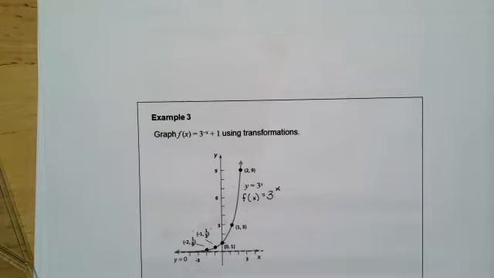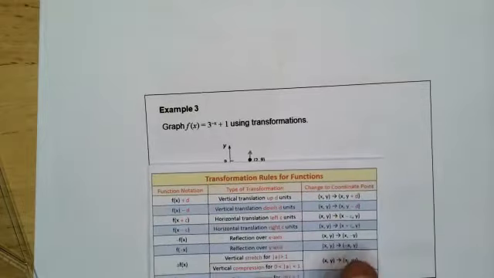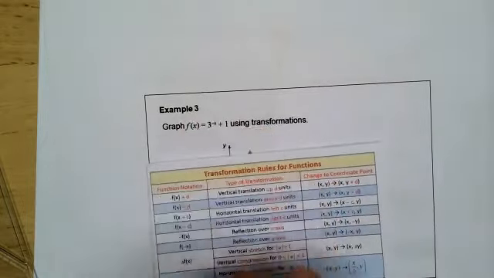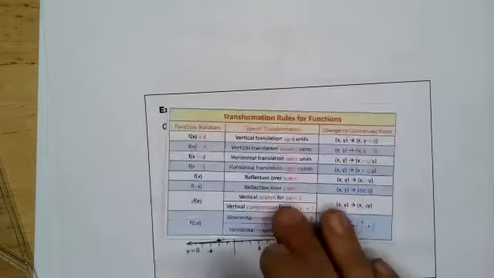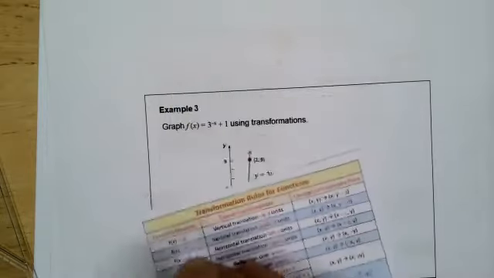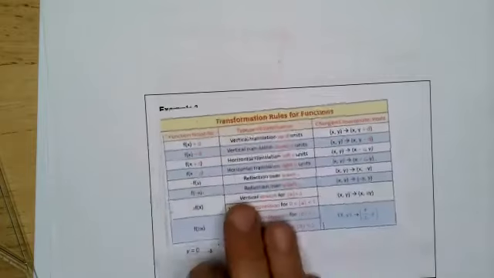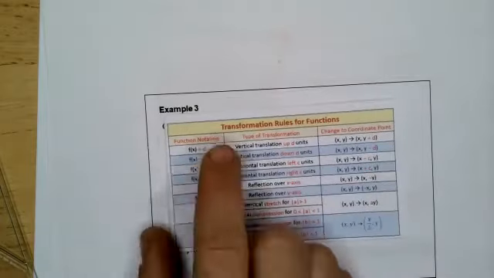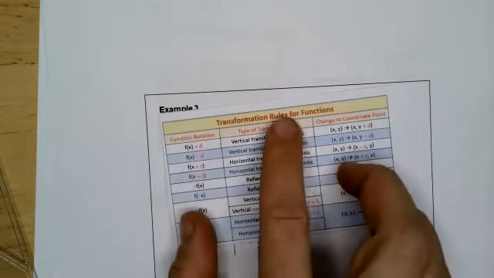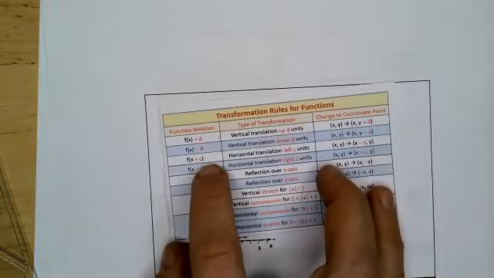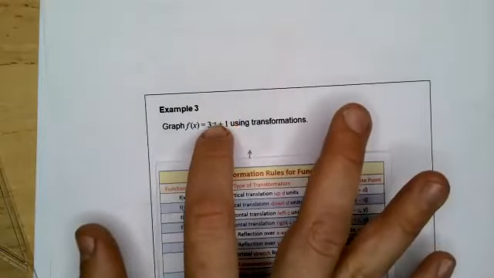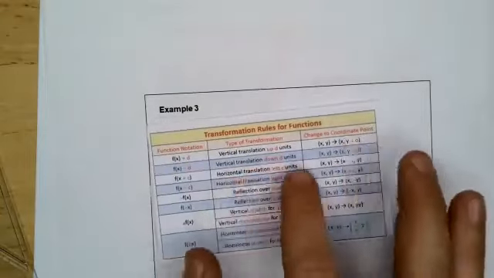So you come back to the transformation rules for functions. We look at what is happening to x, and what is happening to the entire function. Is it happening to x, or to all of f of x? Let's review the rules. If we're adding or subtracting outside, it's going up and down. If we're adding or subtracting within the exponent, it's translated left or right.